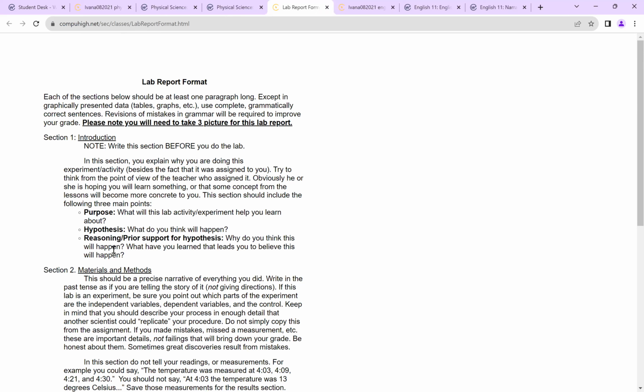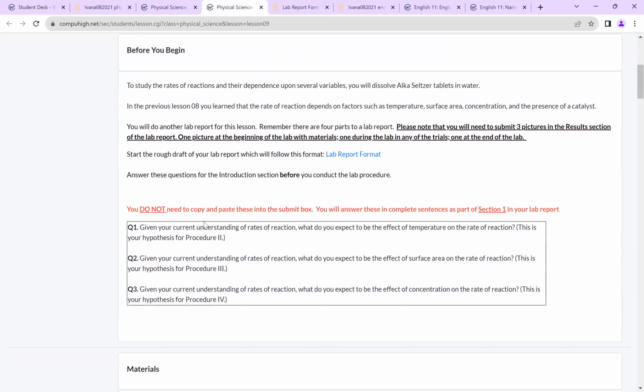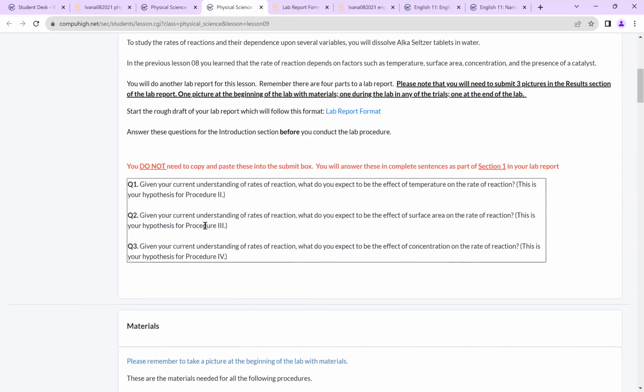Lab report format: introduction, materials and methods. Okay. You do not need to copy and paste these into the submit box. It's section 1. Well, there's no getting out of writing today. You're either going to have writing on this or on that, or we could jump ahead to a different lab or assignment in physical science, but this one's different.